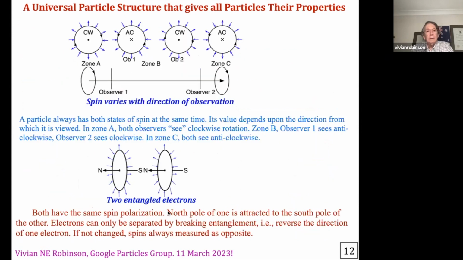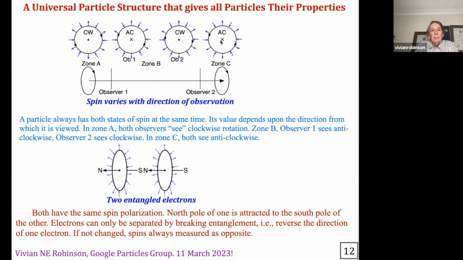I'd like to just show a brief statement on how this works. Consider we've got two observers. You've got a photon rotating clockwise. In zone A, both observers will see it rotating clockwise. In zone B, between the two observers, observer 1 would see it rotating anti-clockwise, while observer 2 will still see it rotating clockwise.